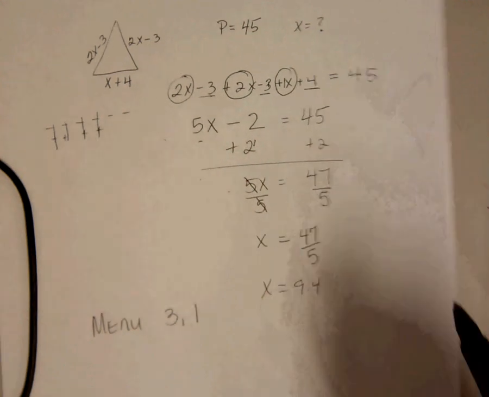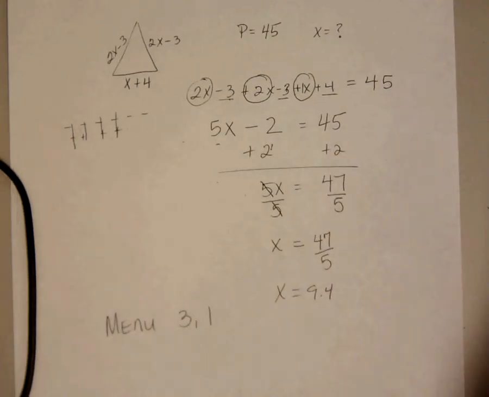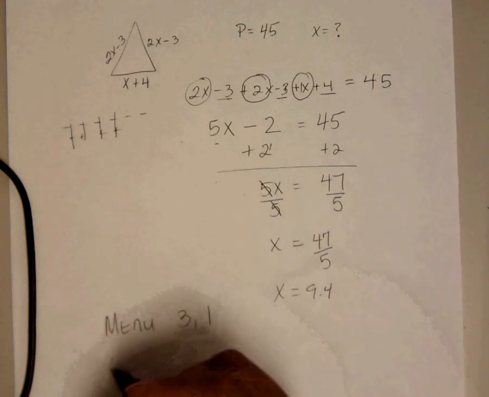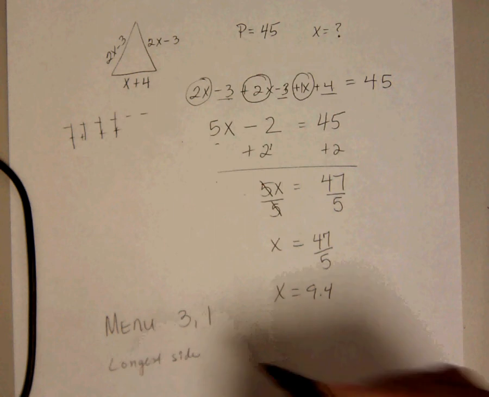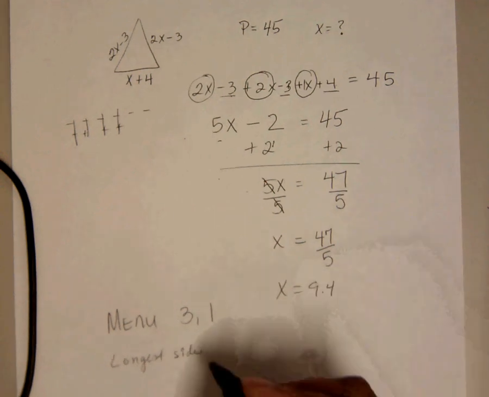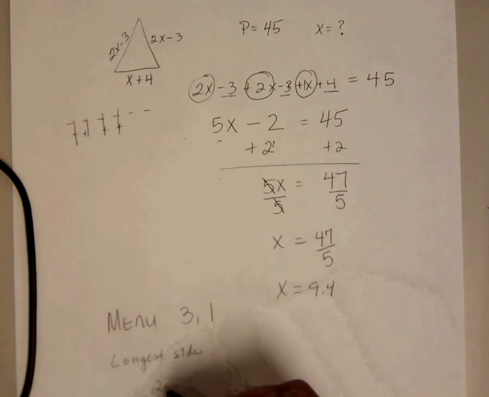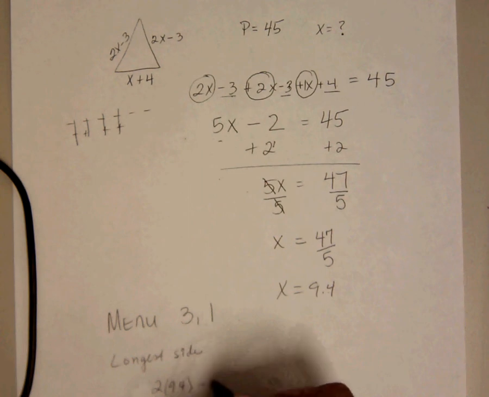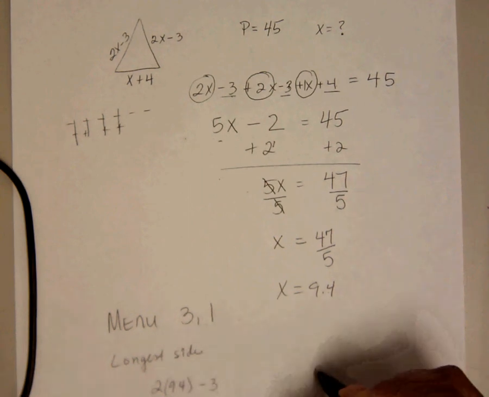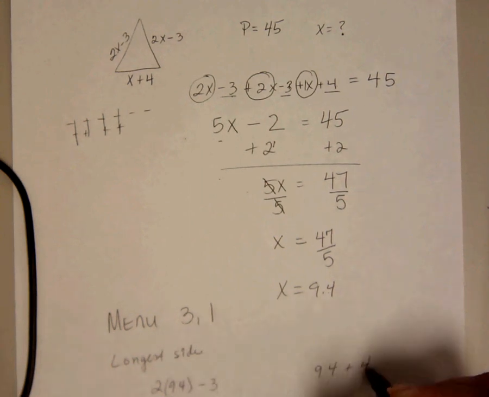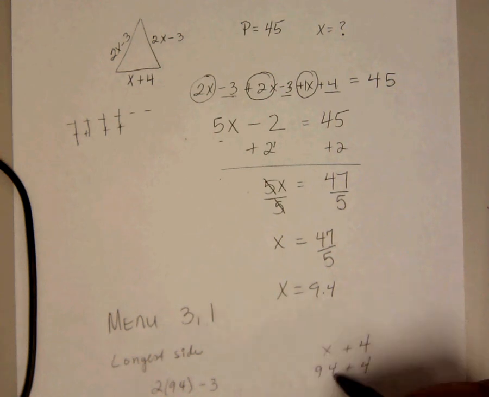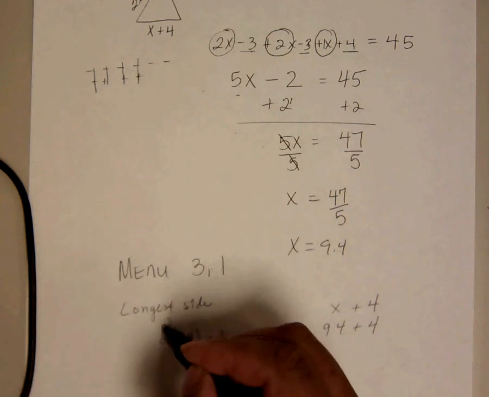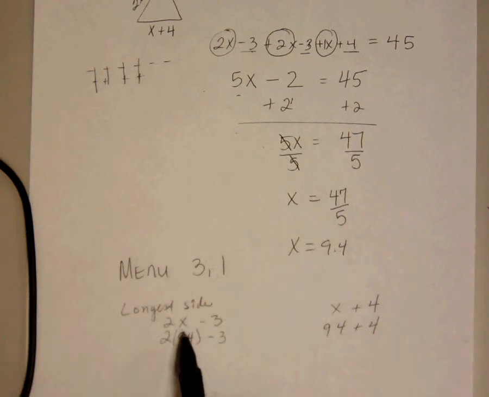Now, I want to know which is the longest side. So how do I figure out which one is the longest side? Well, we can plug in our 9.4 into the x spot. As you can see, I took x plus 4 and put x in, and I took 2x minus 3 and put x in.